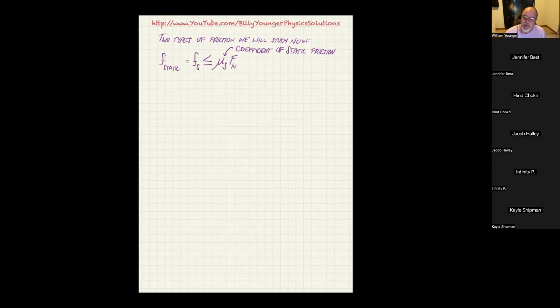There'd be a different one for wood on wood, and so on and so forth. And you can just look that up. But the way static friction works is static friction gives as much as it can up to mu static times the normal force. Then when you reach mu static times the normal force, that's just enough to allow it to start moving on the back of my hand.